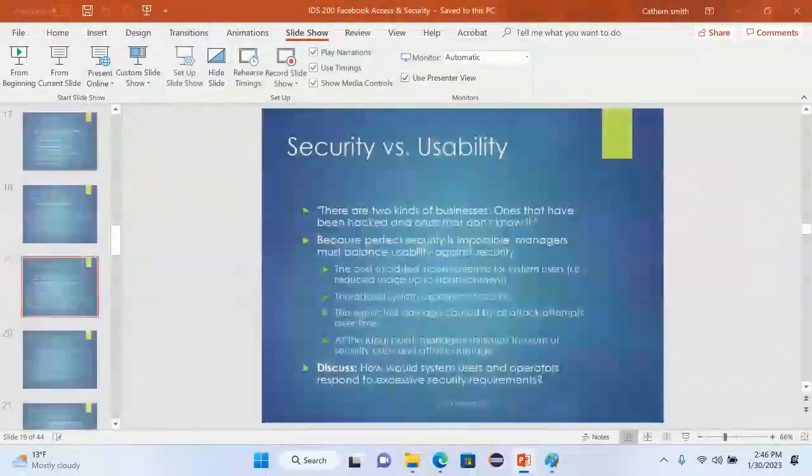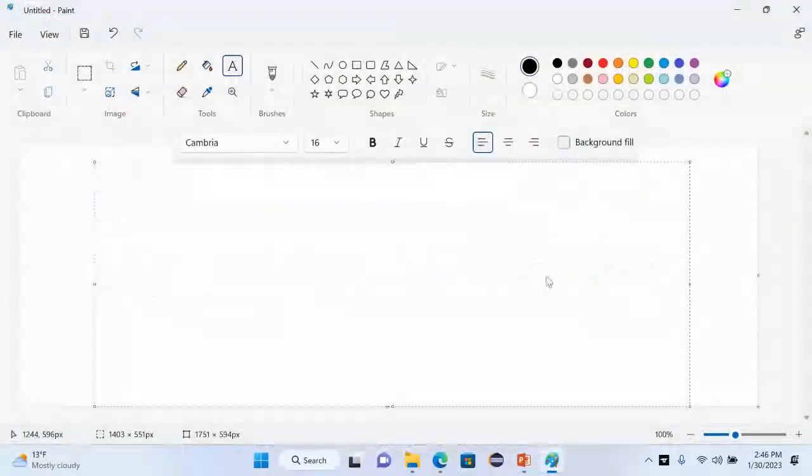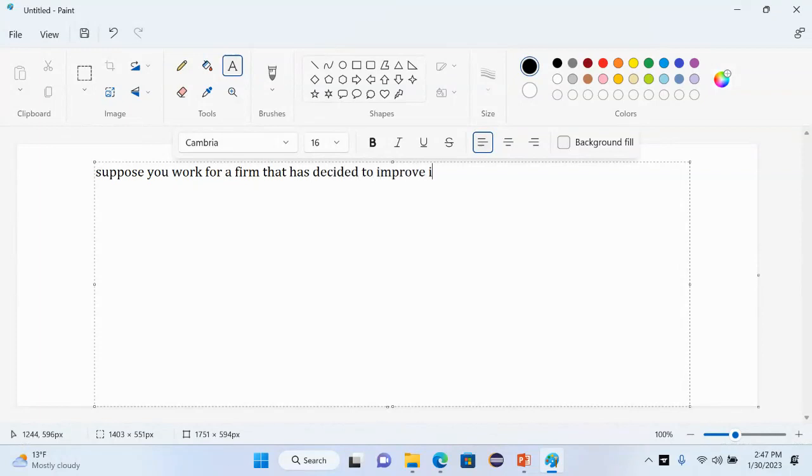Now, a brief discussion of how real users might respond to these conditions. So suppose you work for a firm that has decided to improve its security radically, okay?